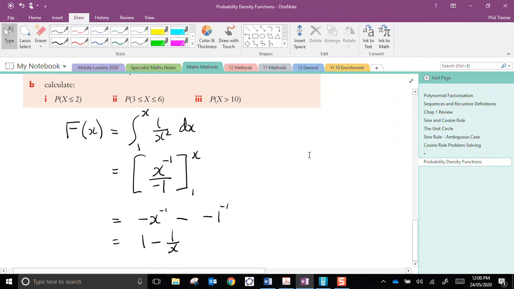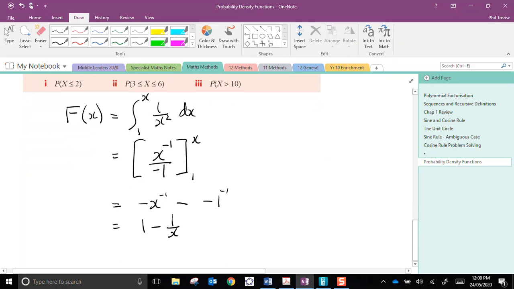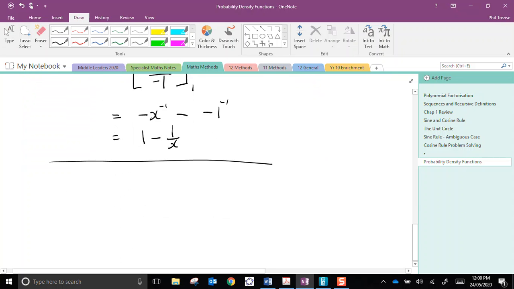Now let's see if we can use that to calculate this. Calculate the probability that x is less or equal to 2. Well, there's two ways we could do that. We could either do the integral from 1 to 2, or we could substitute the number 2 straight into the cumulative function.